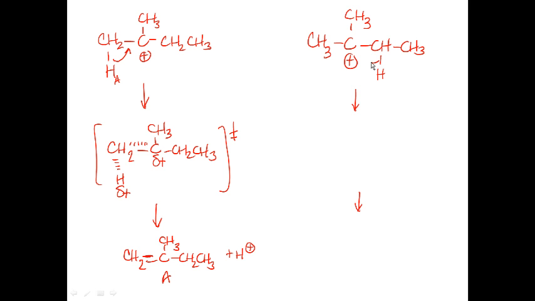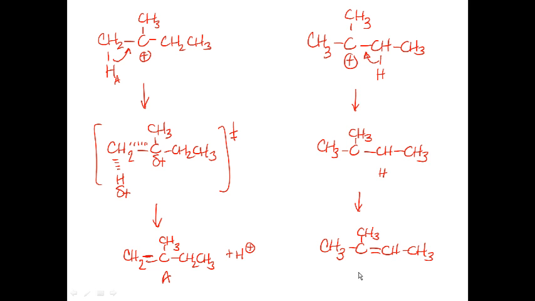So I'm going to take this pair of electrons, move here to form the double bond. And let's just go ahead and write the final product, and then we'll take the sort of average and that'll give us our transition state.